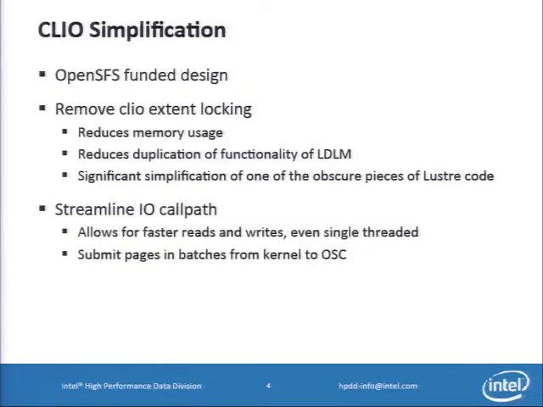Yet another project that was funded by OpenSFS, the design at least, is the client-IO simplification. So the client-IO code originally was thought of as this great project to improve the Lustre client-IO stack that was our legacy and not really having the features desired for various cool things like replication and stuff.